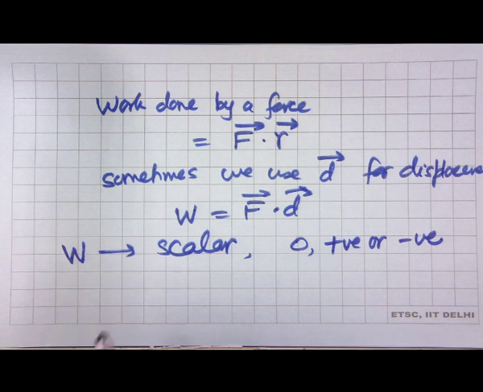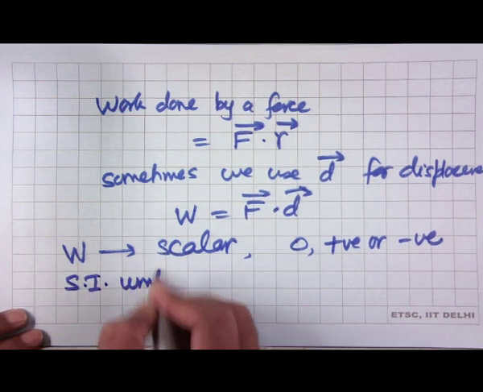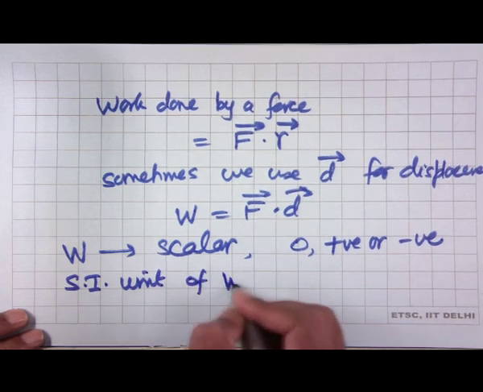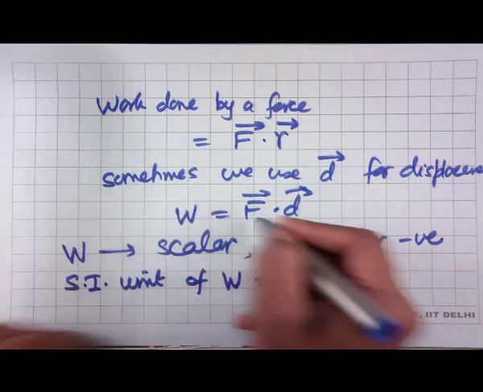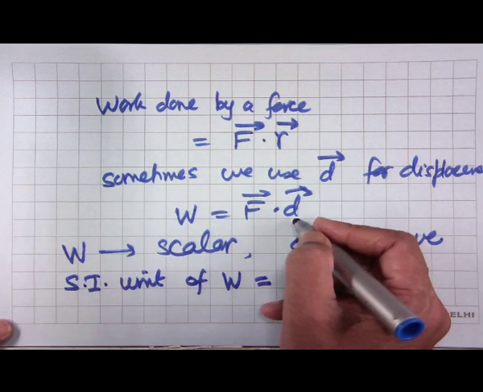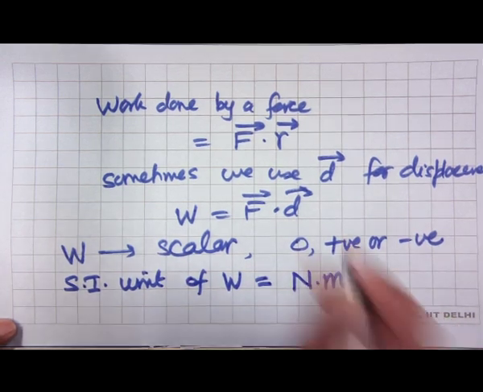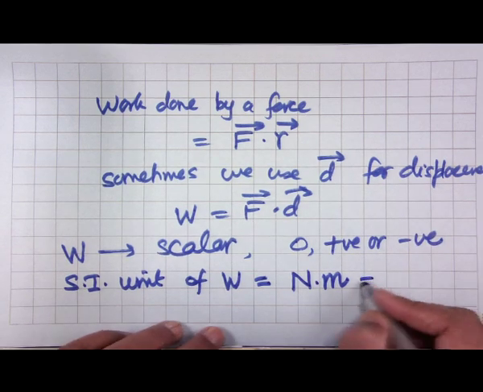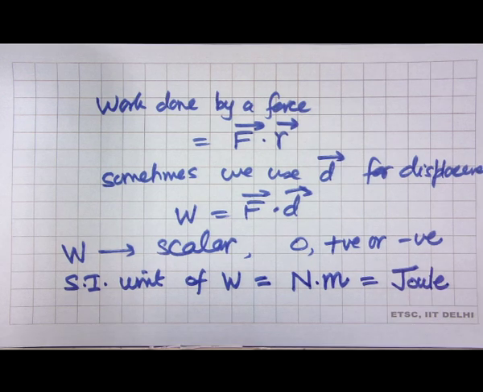And if we look at the units of work, the SI unit of work done will be equal to SI unit of force multiplied by SI unit of distance. So, that will be Newton times meter, and this we also write as joule. So, 1 joule is equal to 1 Newton meter.